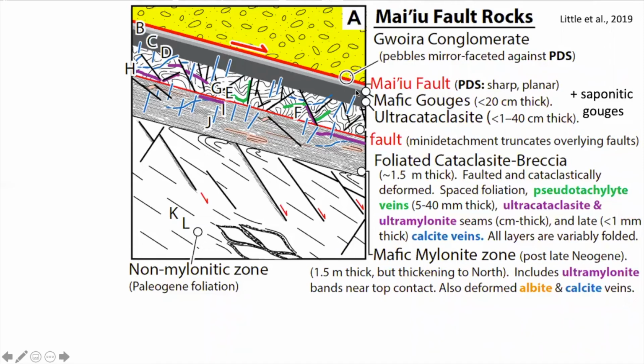Then this red line is the principal displacement surface, which is the sharp contact between the hanging wall material and the rest of the fault rocks. Below that are mafic gouges and also saponitic clay-rich gouges. Below that is an ultracataclasite layer, and below that is the foliated cataclasite brecciated layer. Underneath all of that is the mafic mylonite zone.